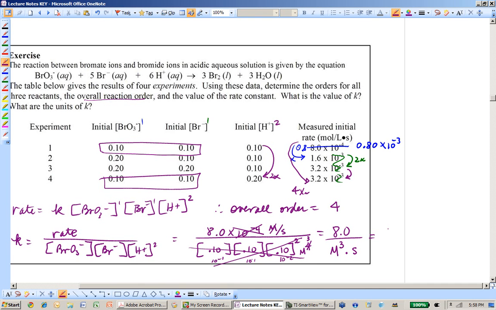So let's just talk about all the different ways grown-ups don't get along. 8.0 everybody agrees on. So I could call that mole per liter cubed seconds. I could call it mole cubed liter minus 3 seconds minus 3.